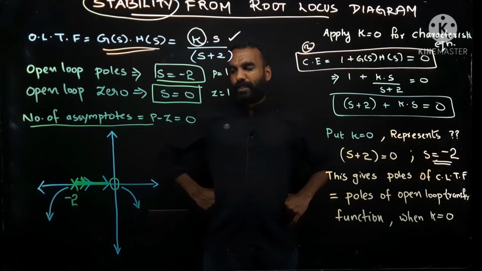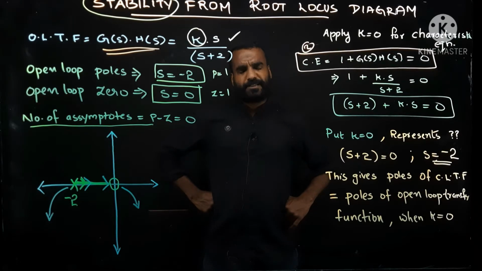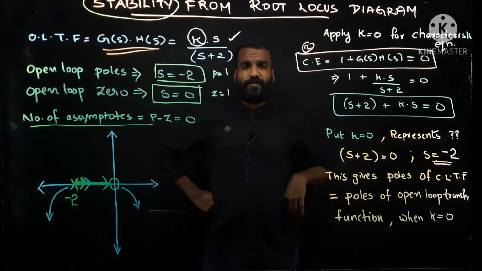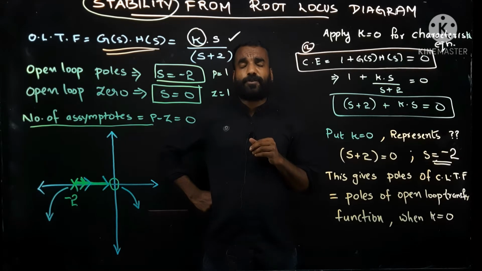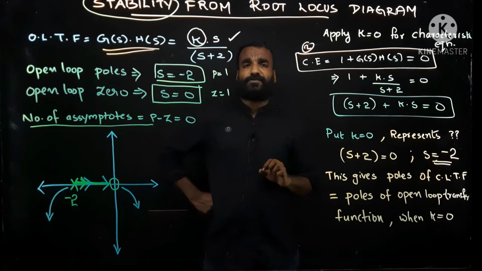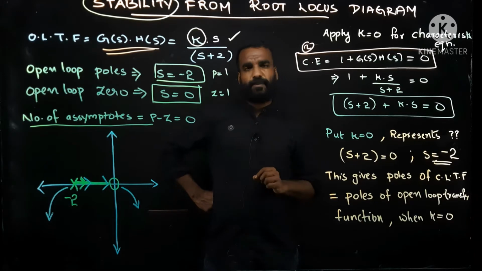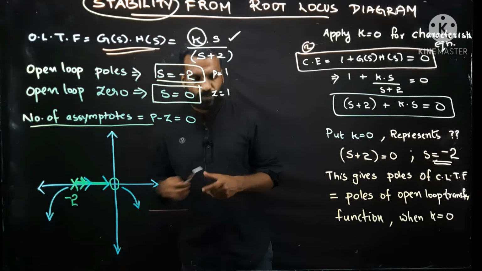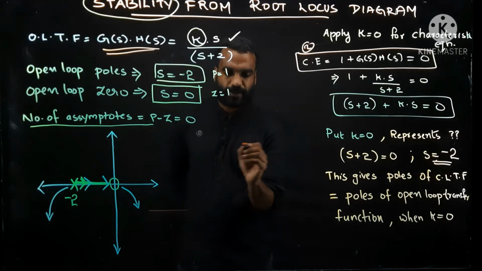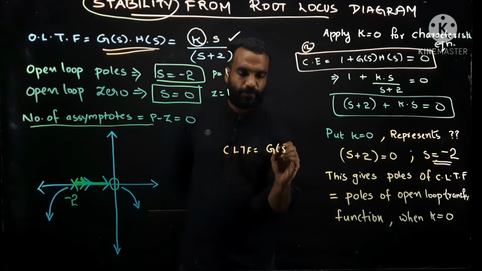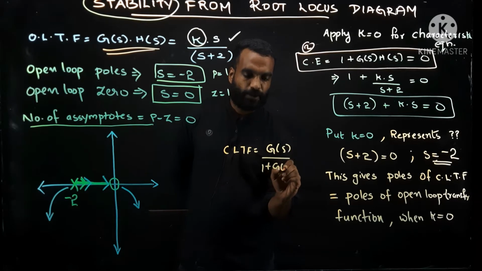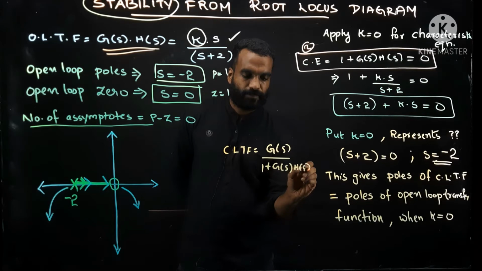Now I want to prove stability. What is stability? In previous lectures, we already covered stability from the location of poles. From the location of the poles of the closed loop transfer function, we can find stability. The closed loop transfer function is nothing but G(s) divided by 1 plus G(s)H(s).